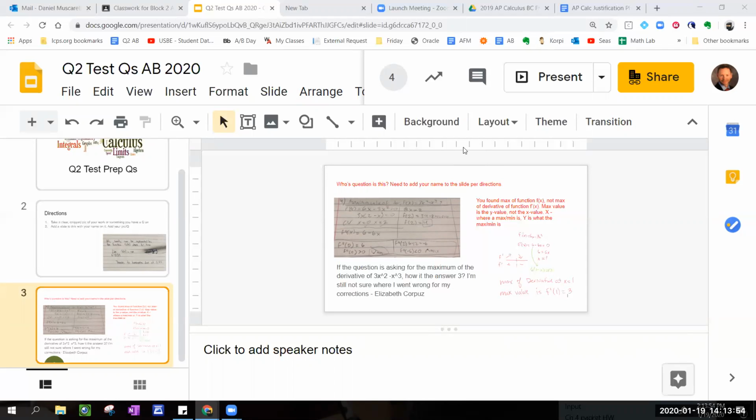If you can't get your audio to work, just go ahead and type your question in the chat. You can get to the chat by going to the top of your screen, and you'll see chat right there.